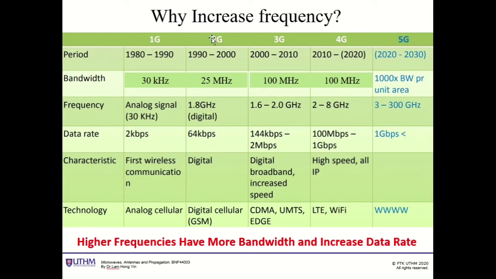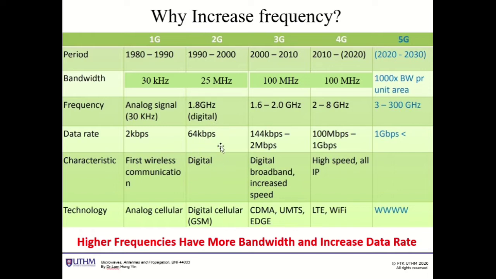The evolution goes to 2G from 1990 to 2000. It uses a frequency of 1.8 gigahertz, and the data rate is 64 kilobits per second. So it's much faster than 1G, around 30 times faster.